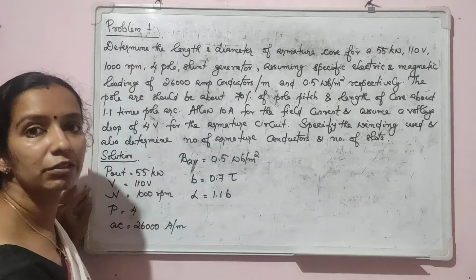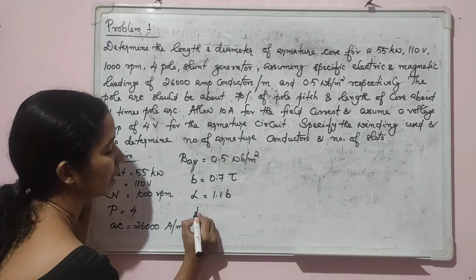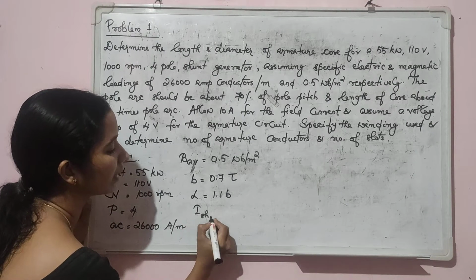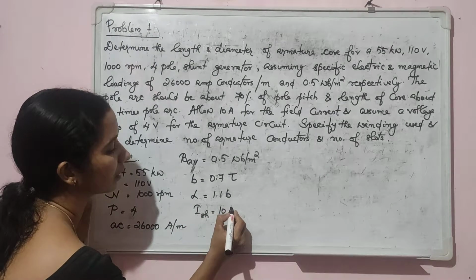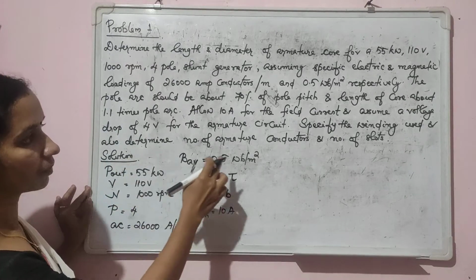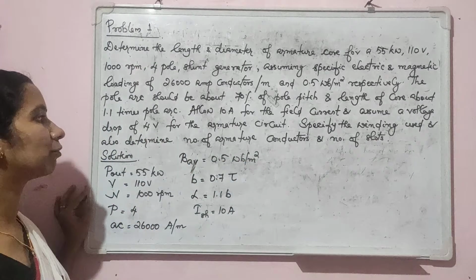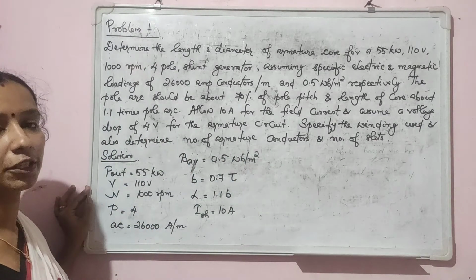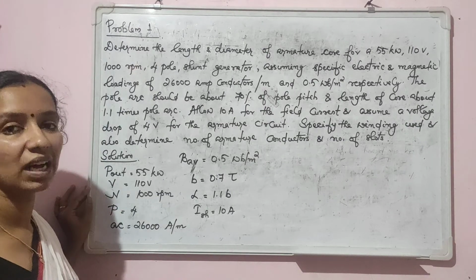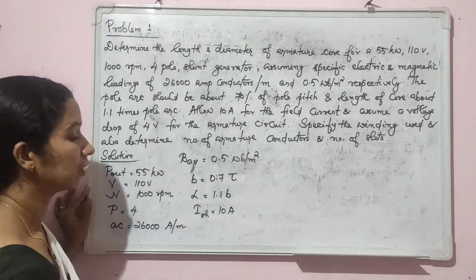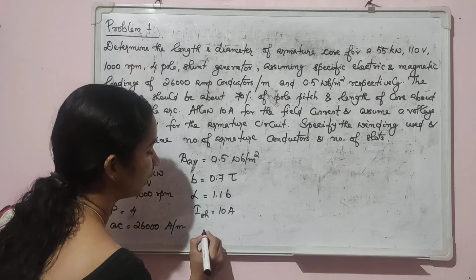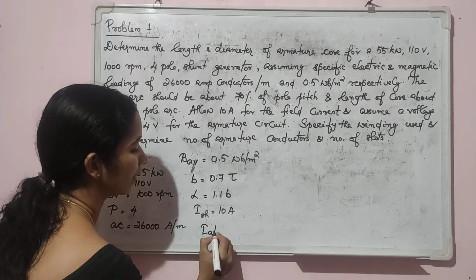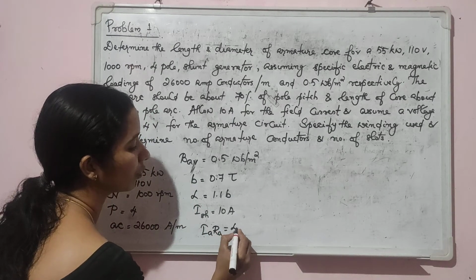Allow 10 ampere for the field current. So it is a shunt generator and the shunt field current is given as 10 ampere. Then assume a voltage drop of 4 volt for the armature circuit. So the voltage drop in the armature, which we denote as IaRa, is 4 volt.